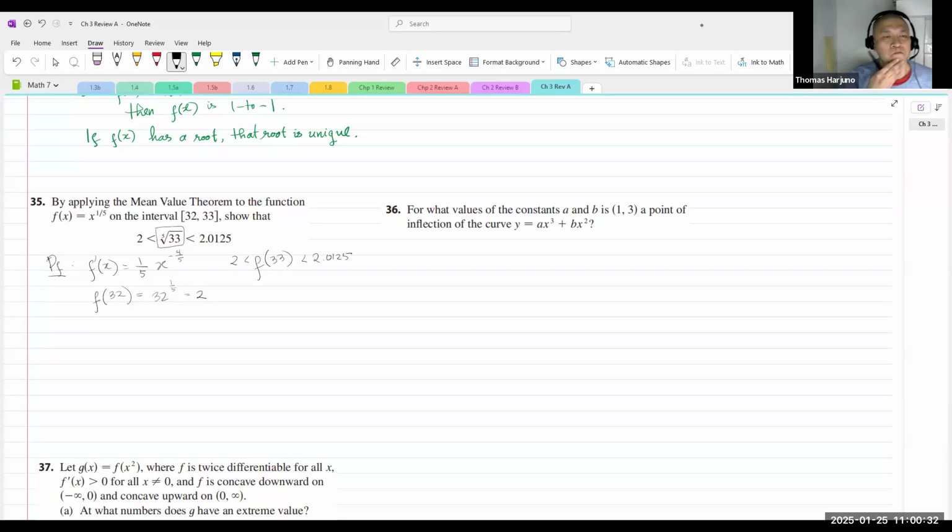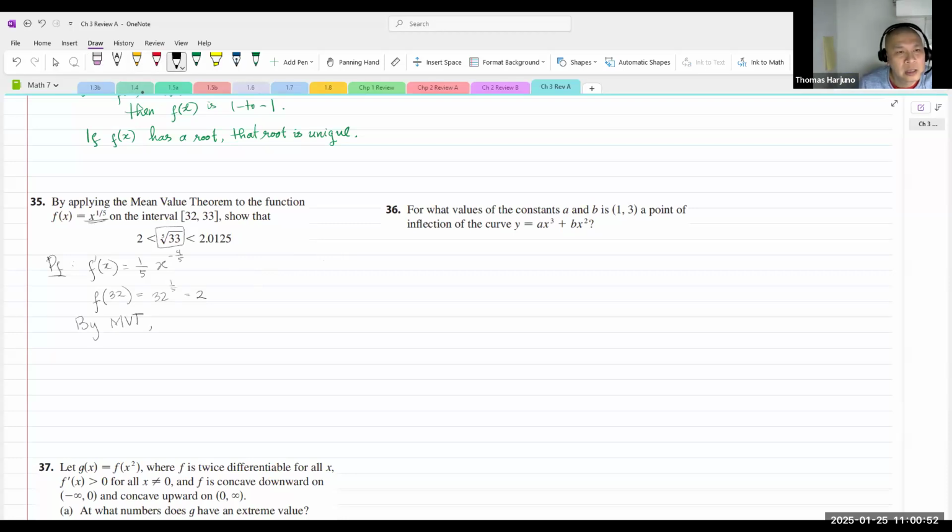So let's see. By the mean value theorem, what does the mean value theorem say to us first? It's clear that this function is continuous and differentiable on this interval, right?